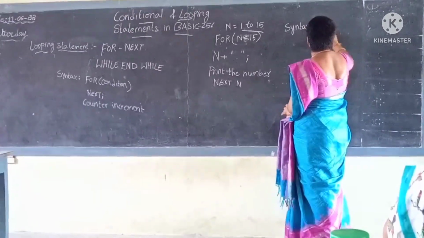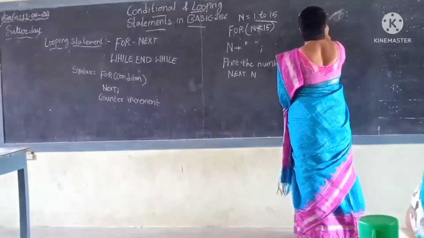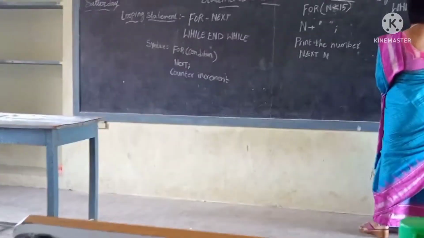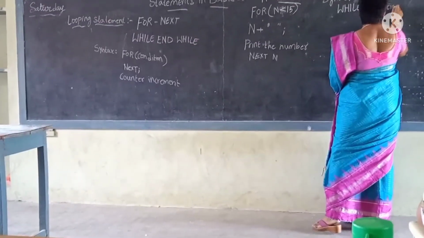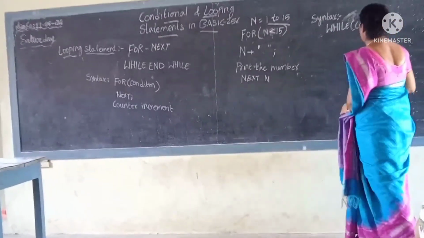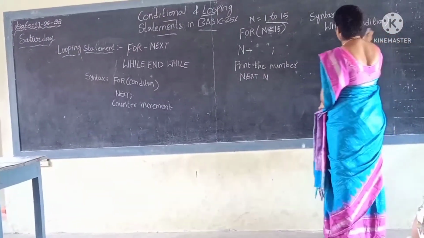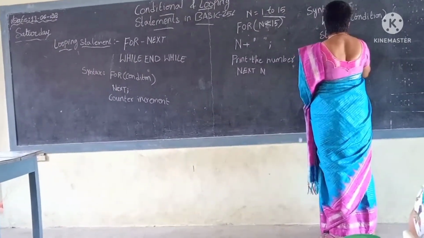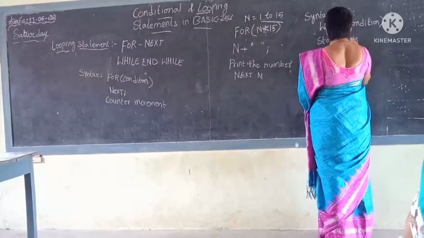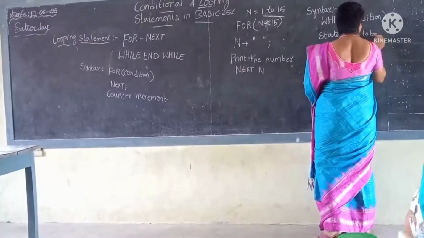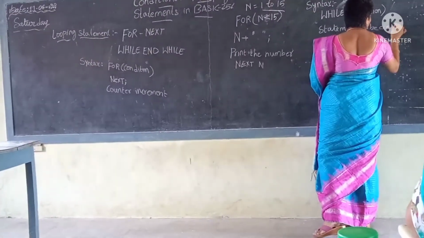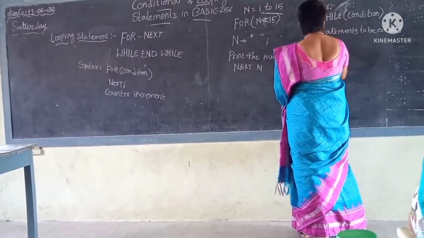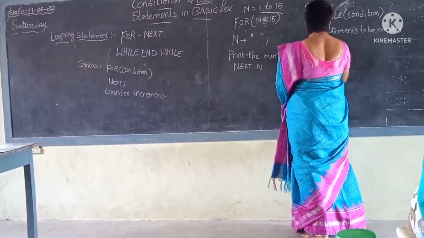So the syntax will be: while condition is true, then the statements are executed. Until the condition becomes false, the loop continues, and then it comes out and ends the while statement.